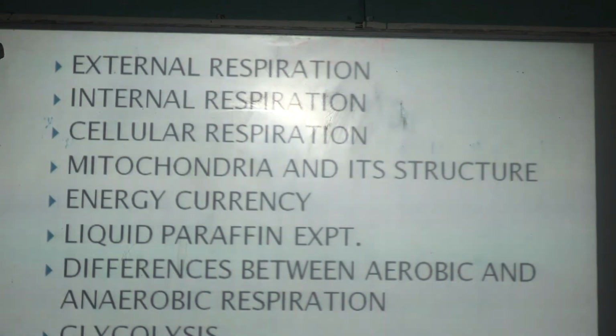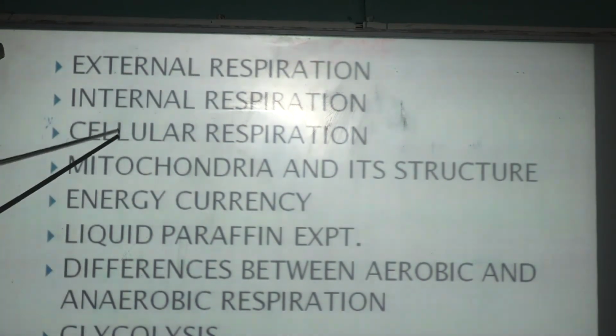From the lungs, the oxygen goes to the blood, and the blood reaches the cell, and then in the cell you have respiration, that is called cellular respiration, that is called internal respiration. Don't be confused, children. Up to the lungs you have external respiration. From the lungs to the cell you get internal respiration. Then in the cell you have cellular respiration.